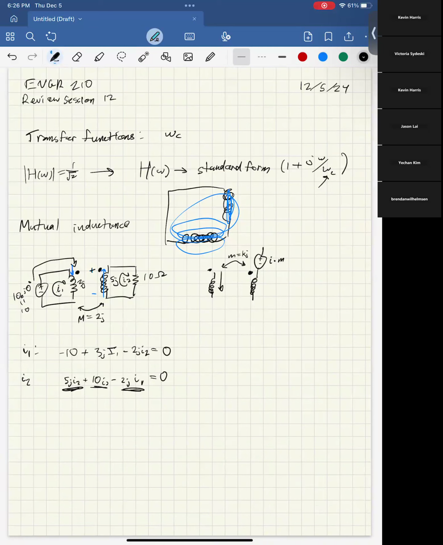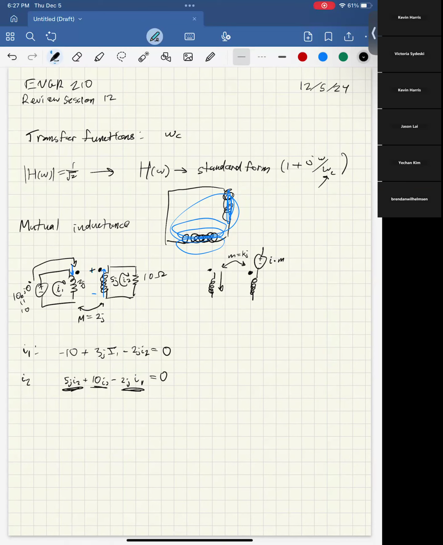Let me see if there's a nice table I can copy from his notes real quick. This is the wrong thing. This could be it. Ooh, yeah, that's a very big table.